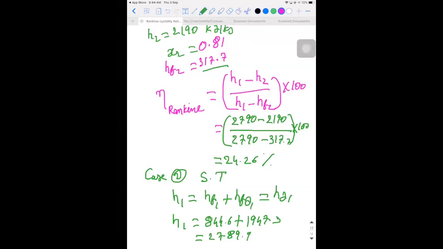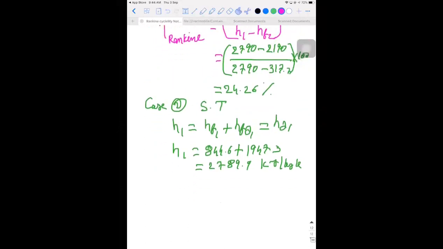Of course, you have got 2790, the value you got from your Mollier diagram, in kilojoule per kg Kelvin. And then we'll go next with H2.